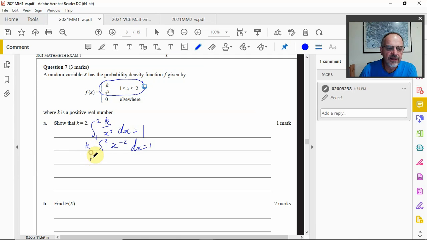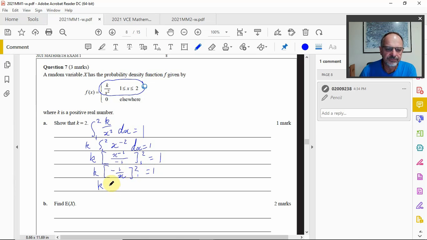All right, and so k times the integral, we've already done the integral, so increase the power by 1, so x to the new power divided by the new power, from 1 to 2, and that equals 1. And so what have we got here then? We've got negative 1 on x, 2 to 1, equals 1.